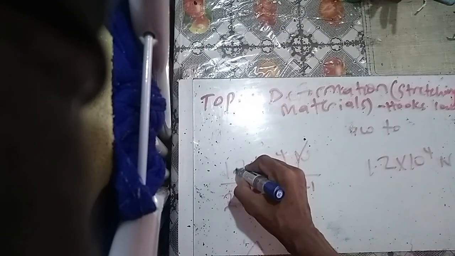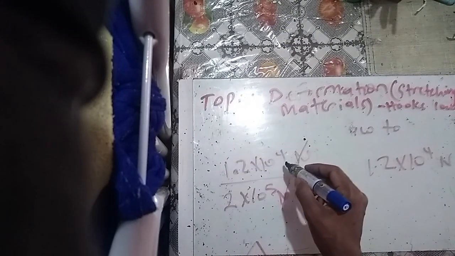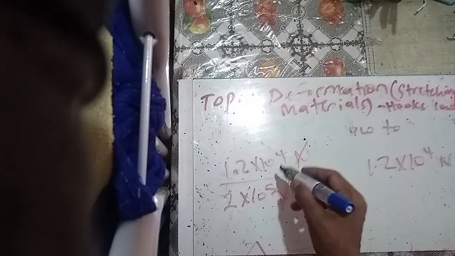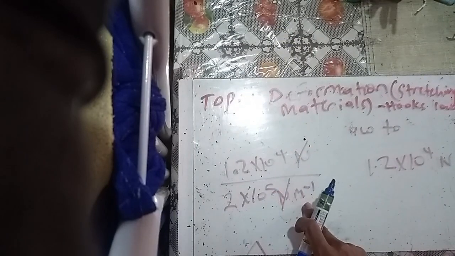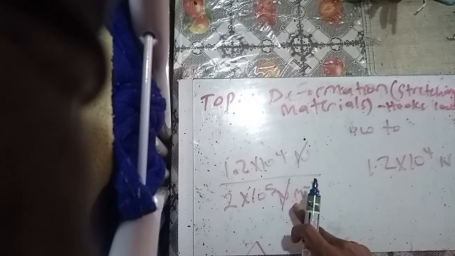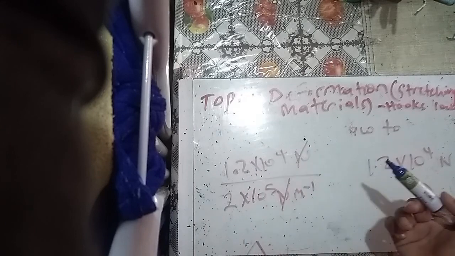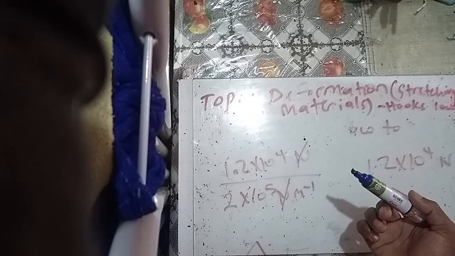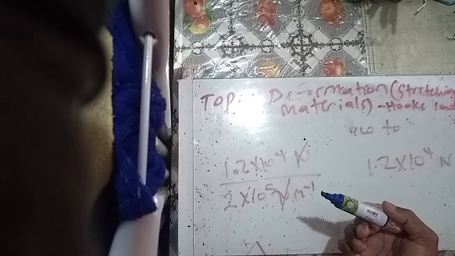So that's 1.2 times 10 to the 4th, not negative 4, 10 to the 4th, divided by 2 times 10 to the 5th Newton per meter. Alright, Newton cancels Newton, and now 2 times 10 to the 5 divided into 1.2 times 10 to the 4.